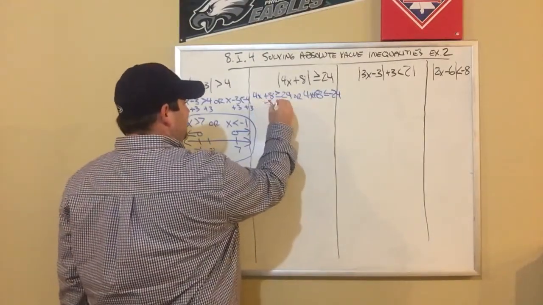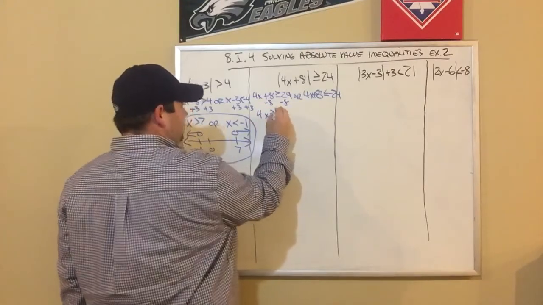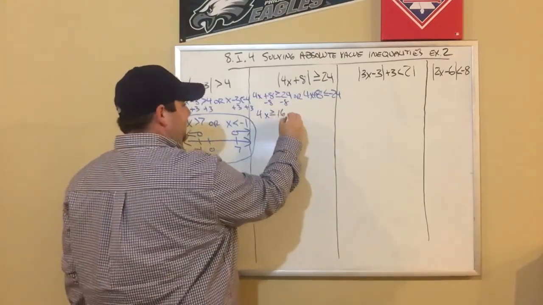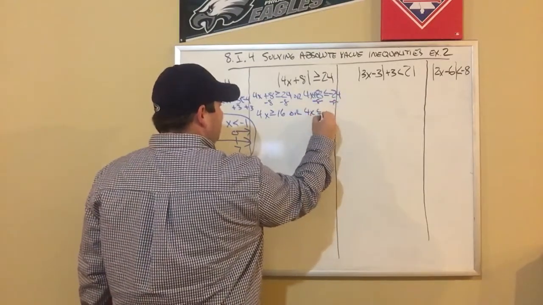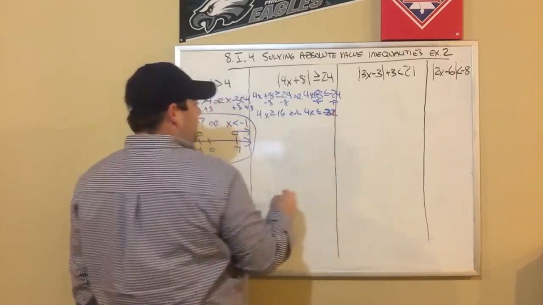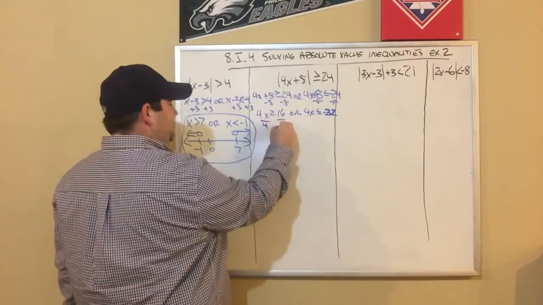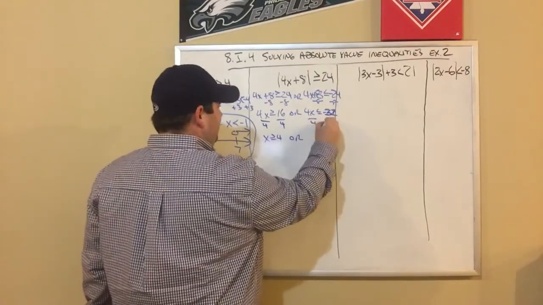Now these are 2 steps, so they're going to take a little bit longer. So 4x is greater than or equal to subtract 8, 16, or 4x subtract 8 is less than or equal to negative 32. So now I divide by 4. X is greater than or equal to 4, or divide by 4 here.